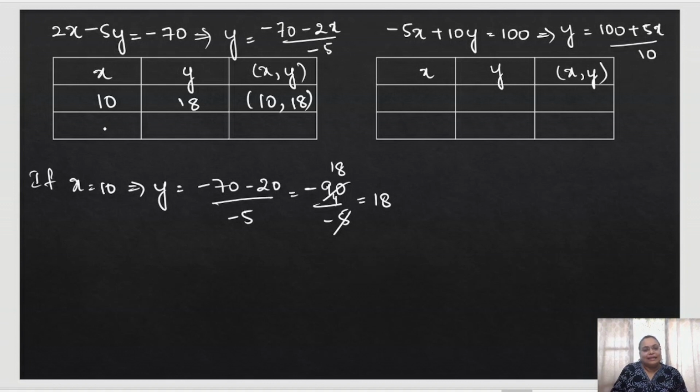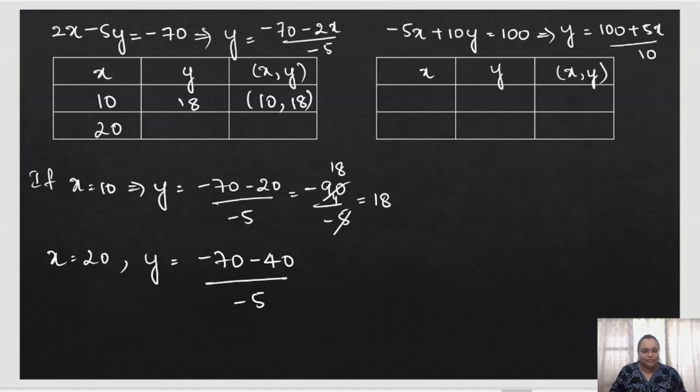Let us take x equal to 20. If x is 20, then y will be minus 70 minus 40 by minus 5, which is minus 110 by minus 5, which is 22. So the points are 20 and 22.